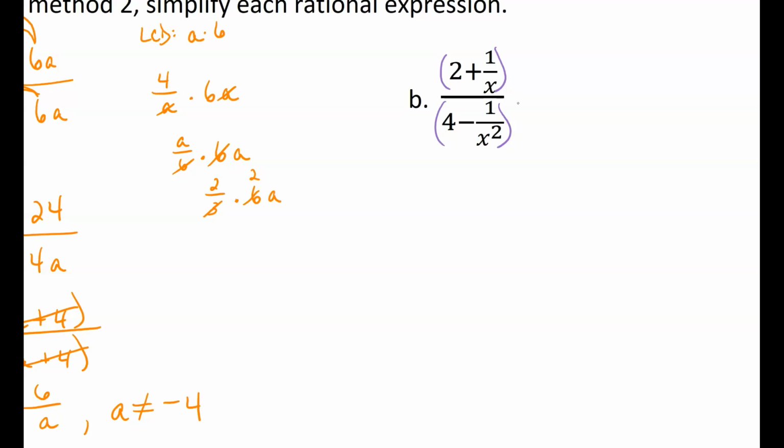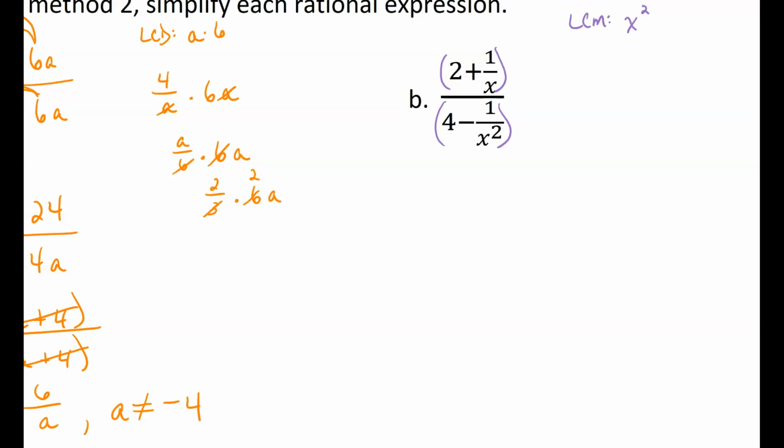If I look at my big numerator first, what do I have in the denominator there? An x. And if I look at the denominator, what denominator do I have there? X squared, which means what is the least common multiple of x squared?